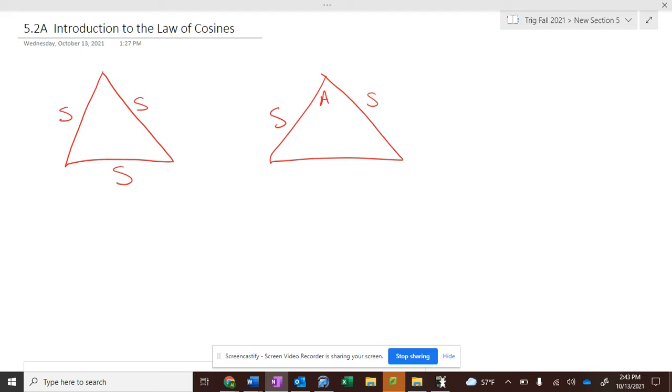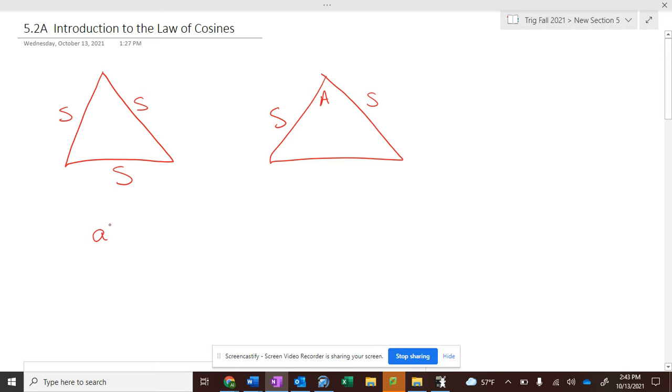Well, what is law of cosines? Well, it's kind of like the Pythagorean theorem. So, law of cosines is, and now lower letters are sides and Greek letters are angles.